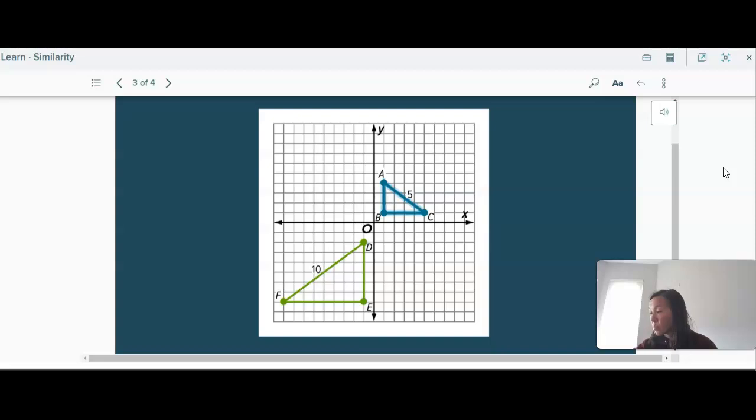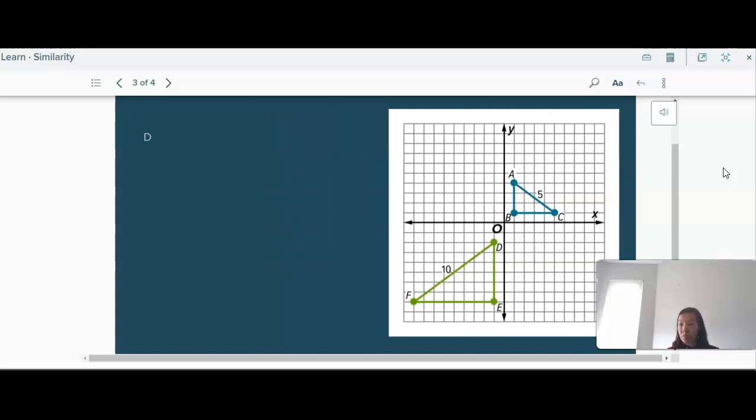Triangle ABC and triangle DEF are shown on the coordinate plane. You can determine if the two triangles are similar by using transformations. First, determine if triangle DEF is the dilated image of triangle ABC. Write ratios comparing the lengths of each side.